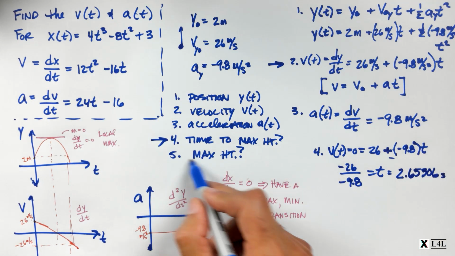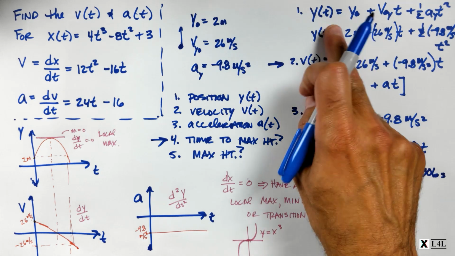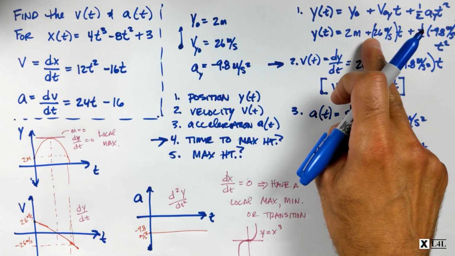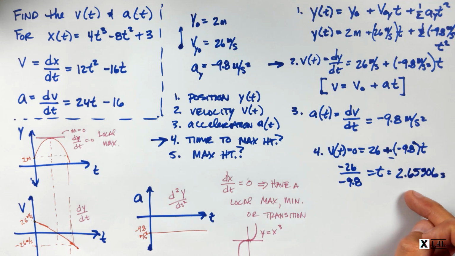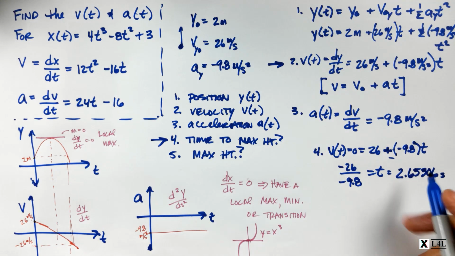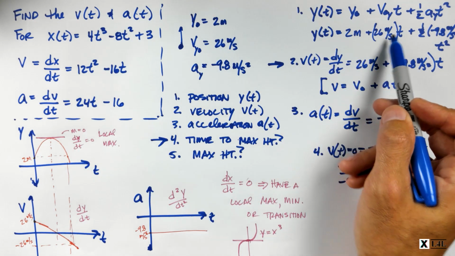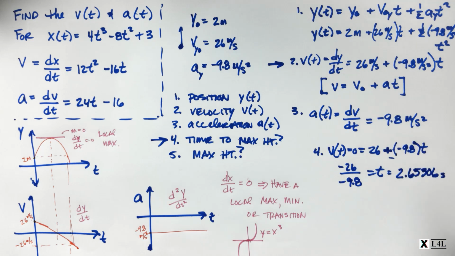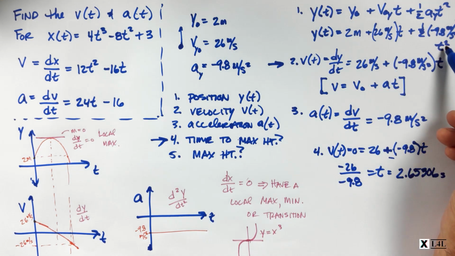And then lastly, we're looking for the maximum height. So I'm going to come back up to our position function here, which is laid out right here, and just put in the 2.65306. So I'm going to plug in 2.65306 for the time, and then also up here for time squared.